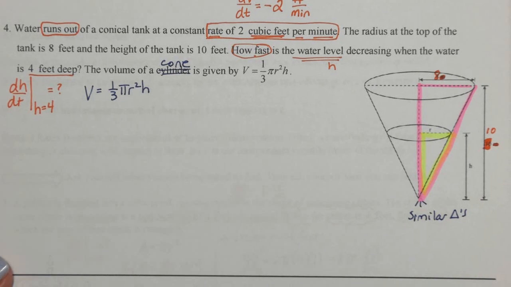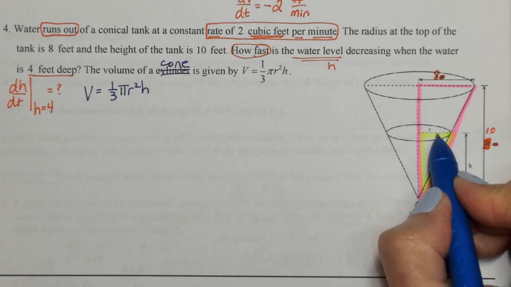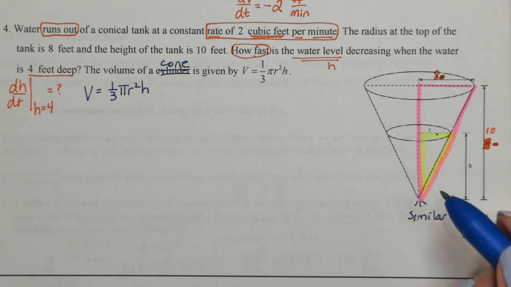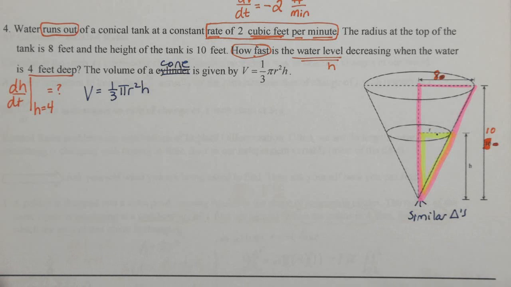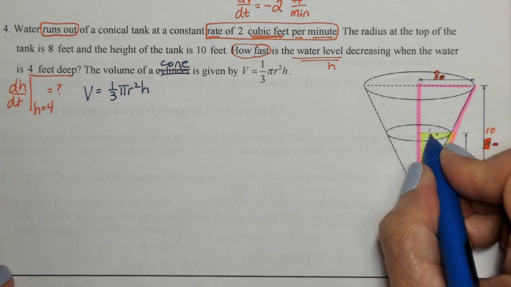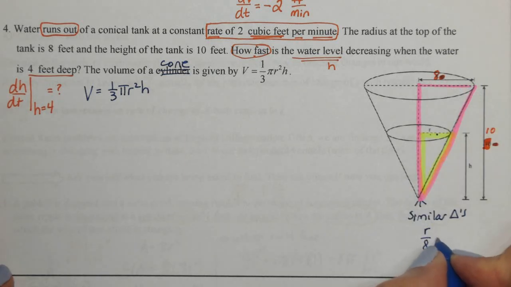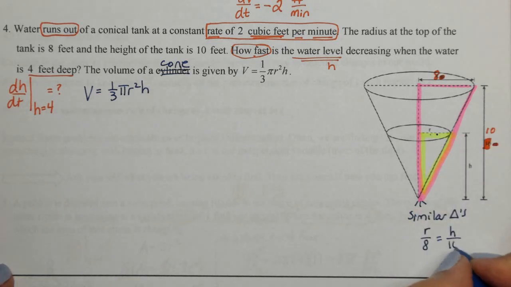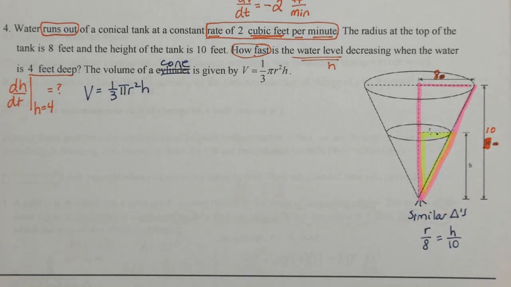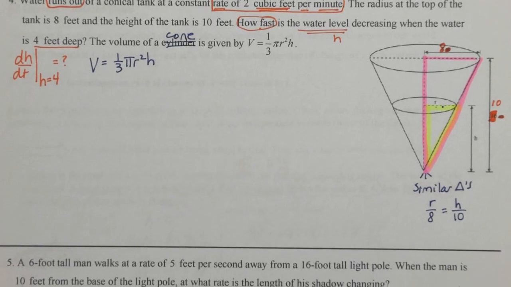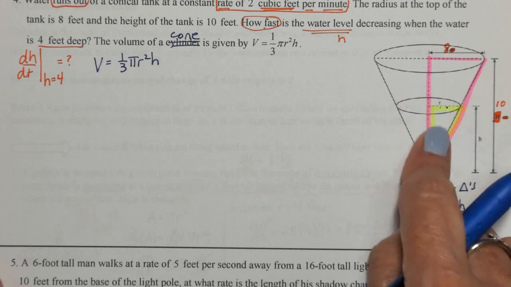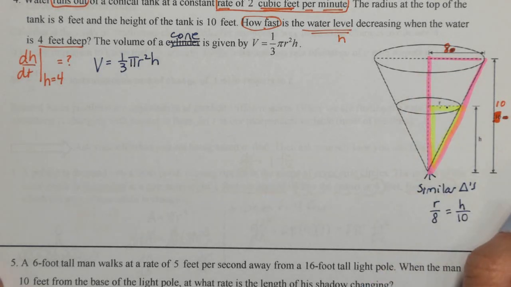Therefore, their sides are proportional to each other. So R is to 8 as H is to 10. R is to 8 as H is to 10, right? And that will be true no matter what the water level is. That's true all the time, right?